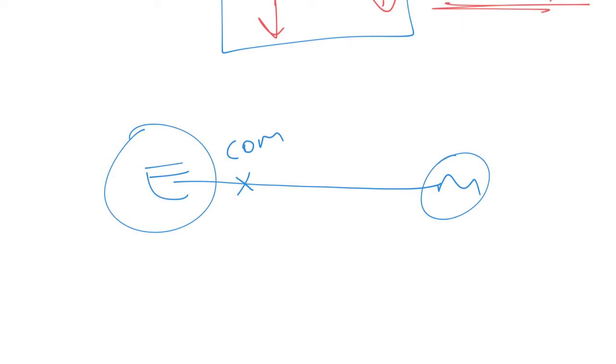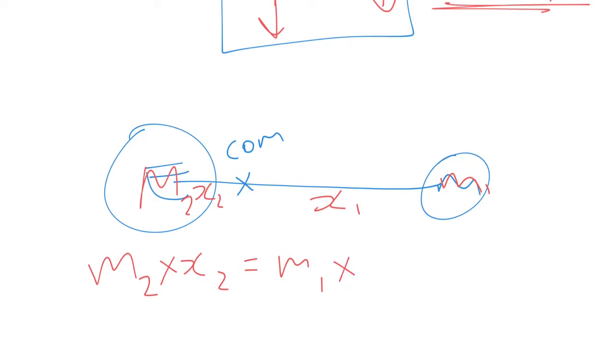Now we're going to have a distance x1, and I'll call this m1 rather than moon, and another distance x2, and this can be m2 for mass 2. You can apply it to any situation you like. Obviously mass 2 is larger. Mass 2 times x2 is going to be equal to mass 1 times x1.